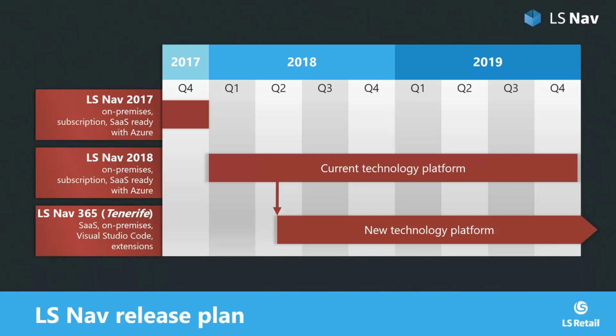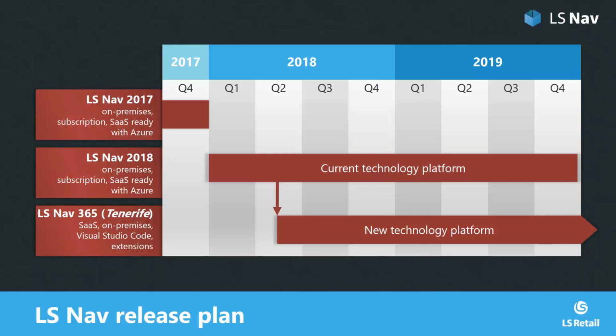What does it mean? It means that it's a very good option to do new implementations for customers or retailers on this platform, as we're going to support it for quite some time. Then in spring, something new comes, Tenerife, and that's LS Nav 365. That's our branding name for that.